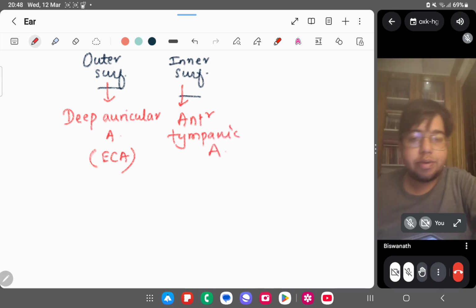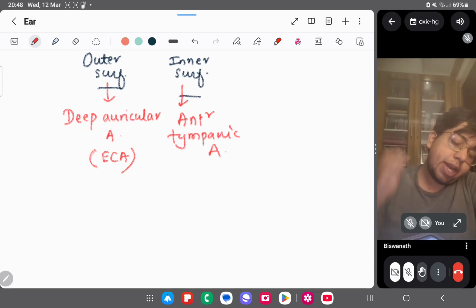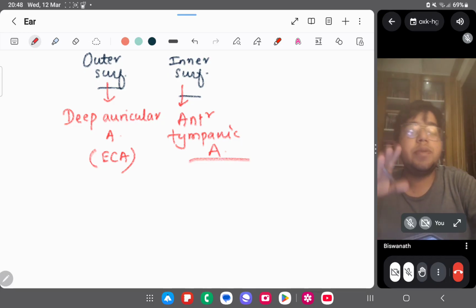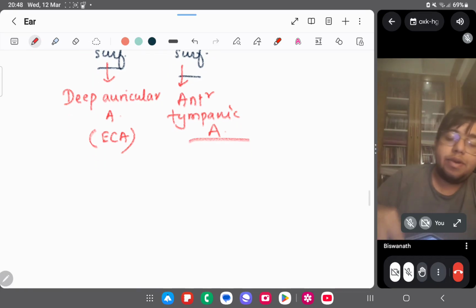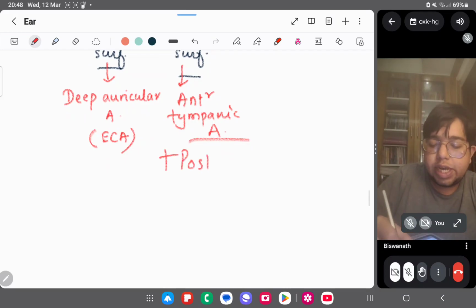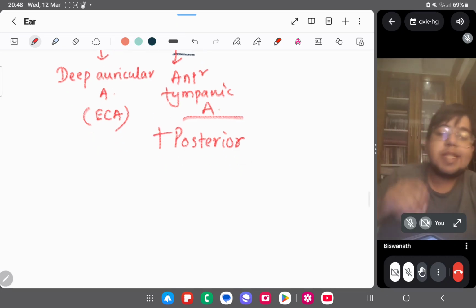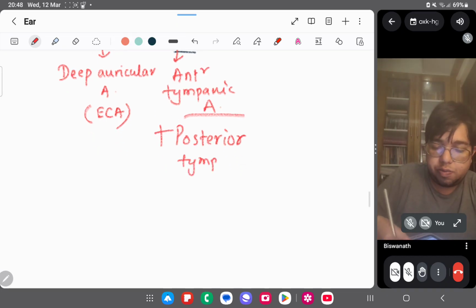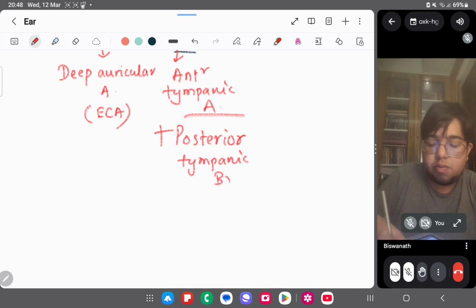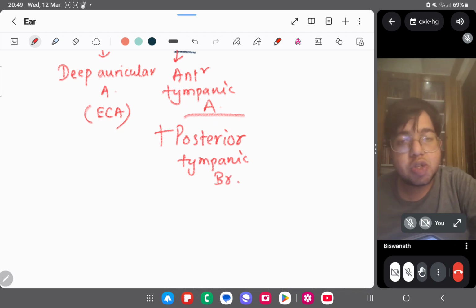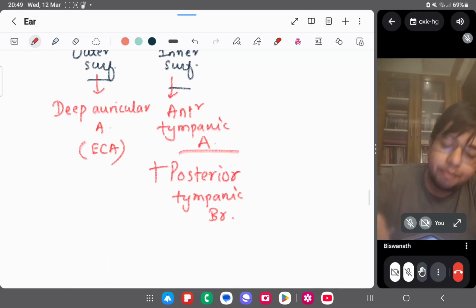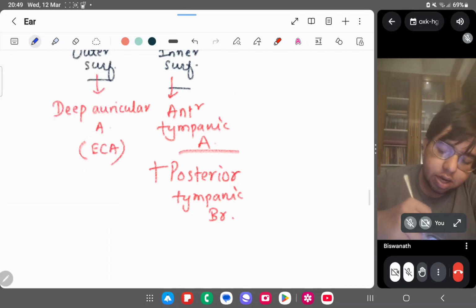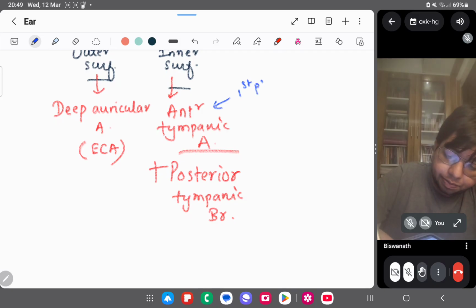The anterior tympanic artery is the major one, plus the posterior tympanic branch also. And this is also a part of your first part of maxillary. This anterior tympanic artery basically comes from the first part of the maxillary artery.